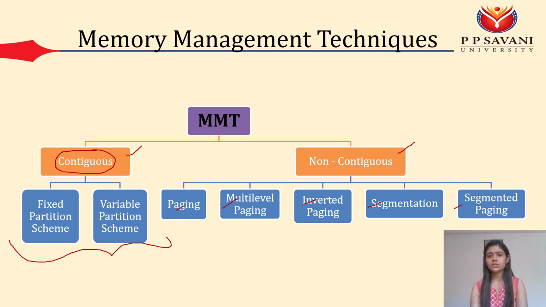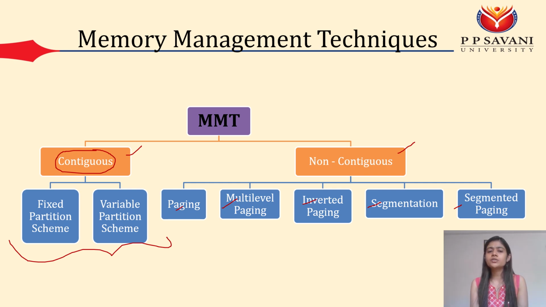Then your processor is allowed to access that process and complete its execution. So whichever process wants to execute must have an allocation in main memory, and that allocation can be of two categories: either contiguous or non-contiguous.